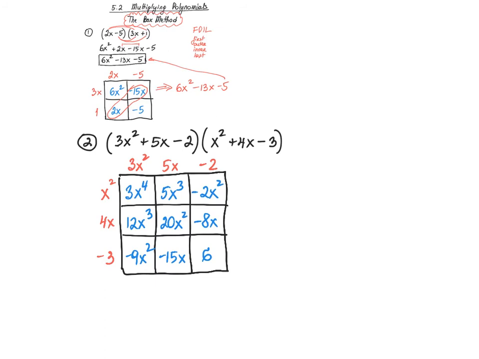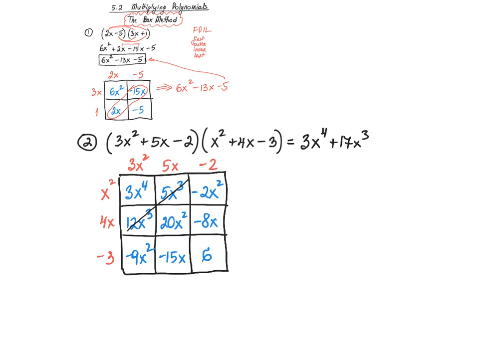For example, my first term, 3x to the fourth, has no other like terms to work with it. So I'm just going to write down 3x to the fourth is my first term, my product. Please notice that the 12x to the third and 5x to the third are like terms. Let's add them together and get 17x to the third.